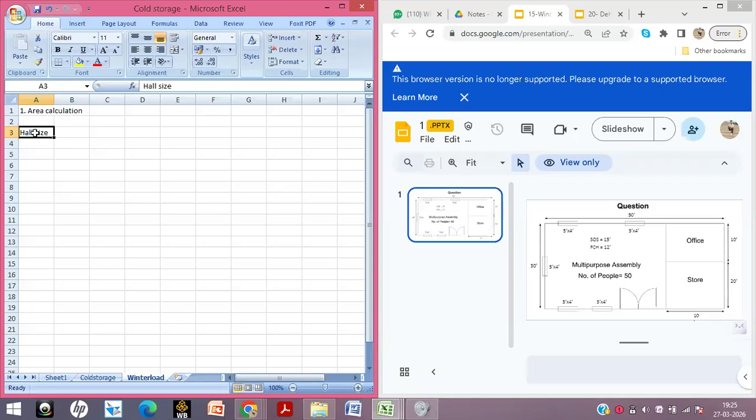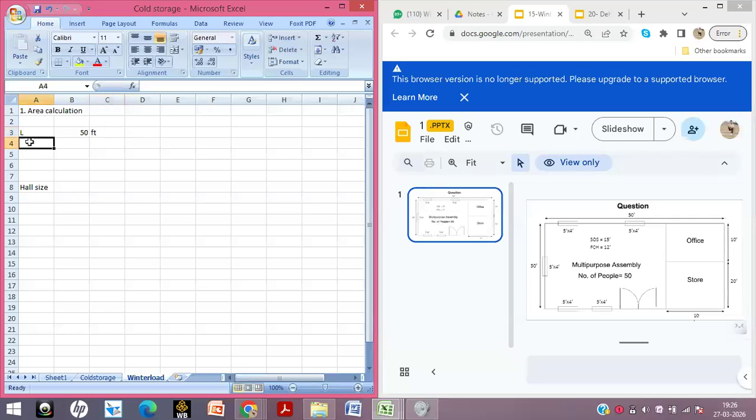First, let me write this down, then it will be easy for us. Length is 50 feet.